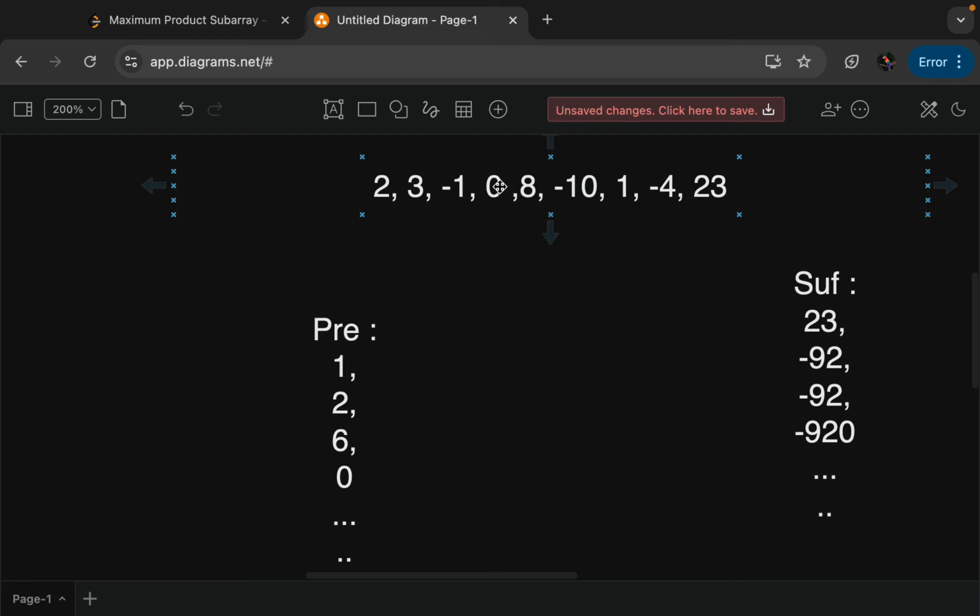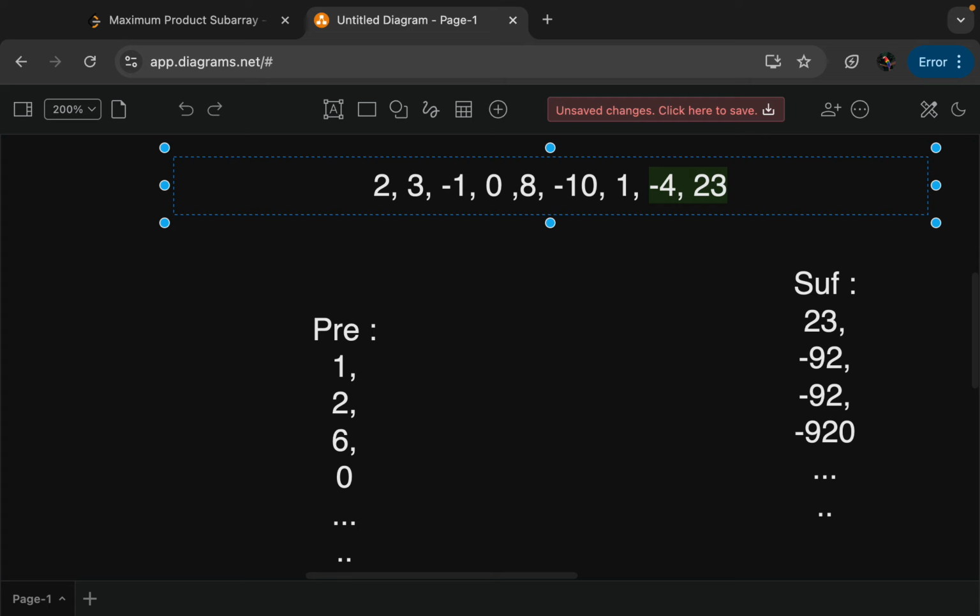So this is how we will be calculating the prefix, and in the similar manner we will be calculating the suffix. The only difference is that in the case of suffix we will be starting with the last element. We will initialize suffix with 1. We will find the suffix of minus 4 as 23. We will find the suffix of 1 as 23 into minus 4, and so on.